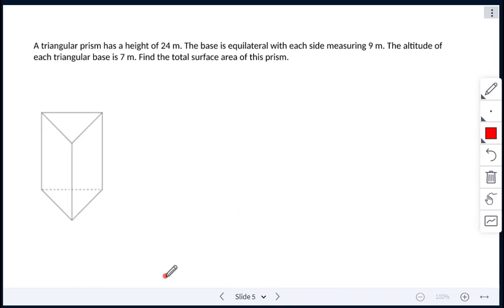Okay, so if we were looking at this example, a triangular prism has a height of 24 meters. The base is equilateral with each side measuring 9 meters. The altitude of each triangular base is 7 meters. Find the total surface area of this prism. All right, so the first thing we have to do is label all the dimensions. It has a height of 24 meters.